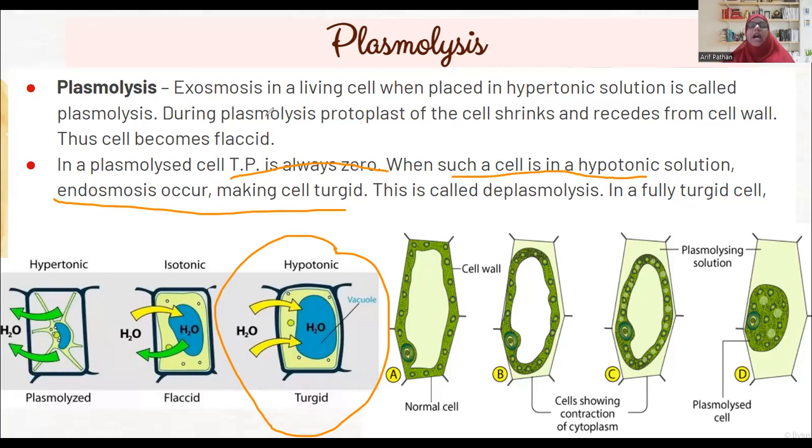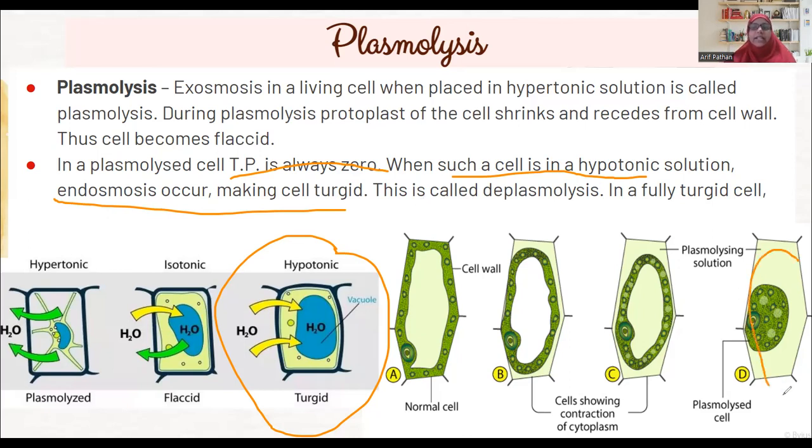I just mentioned that when the flaccidness leads to plasmolysis, it is beyond repair. The damage is done. But if the damage is not too much, I mean there is no breaking of any organelles or any part, it can be reversed.